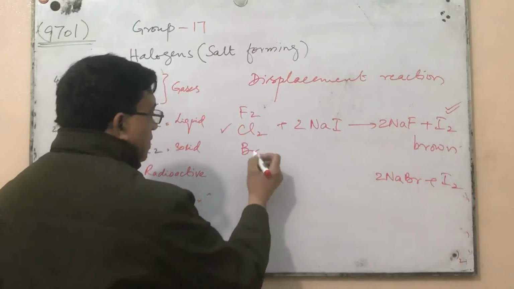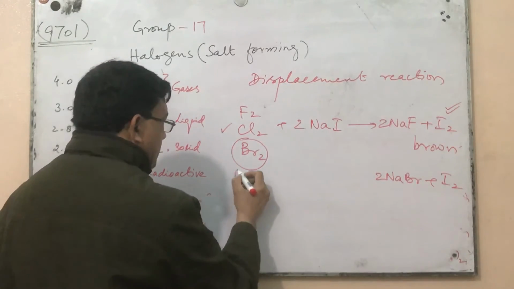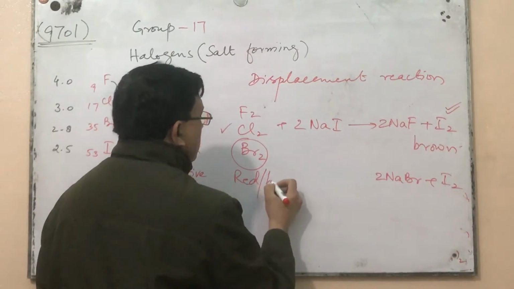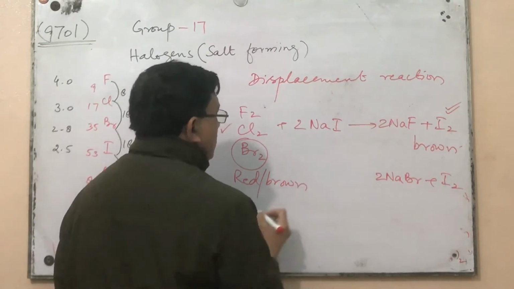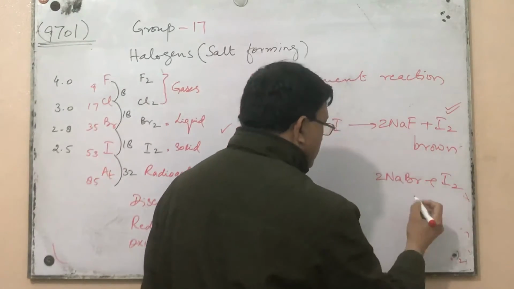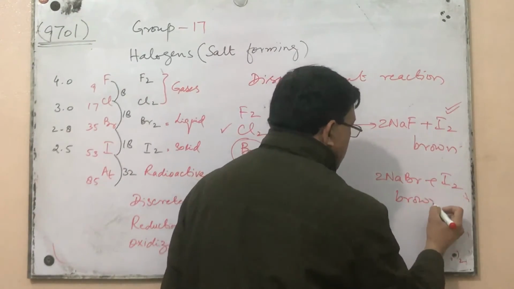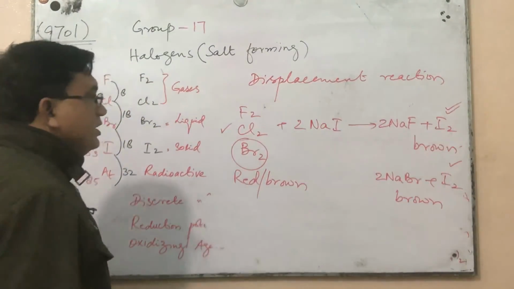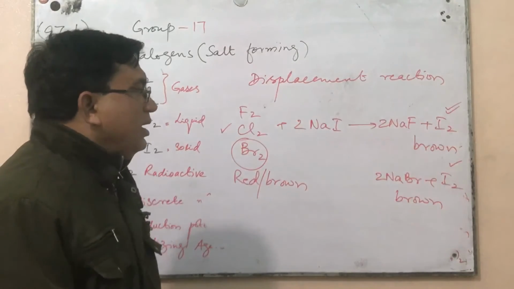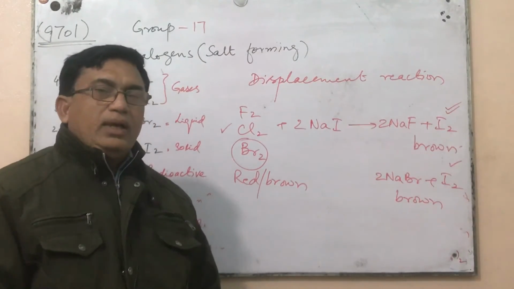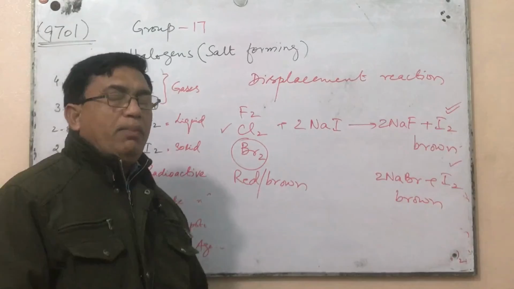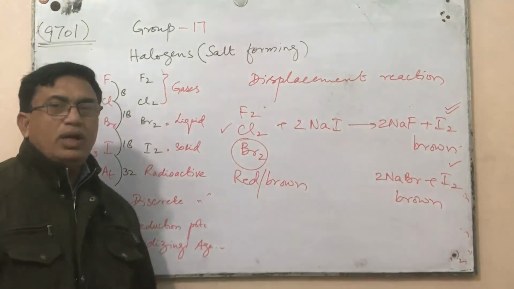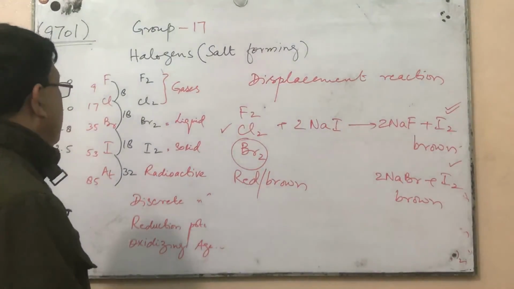The color of bromine is red-brown, but this solution will show brown color due to the production of iodine in aqueous solution. So, in this manner, halogens perform displacement reactions. An upper halogen can displace the lower one from its aqueous salt solution, but a lower halogen cannot displace the others.